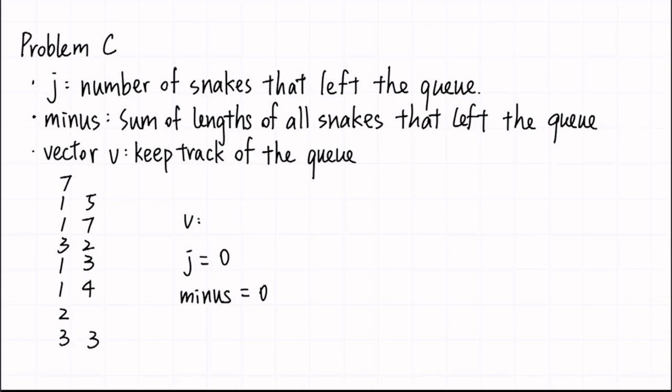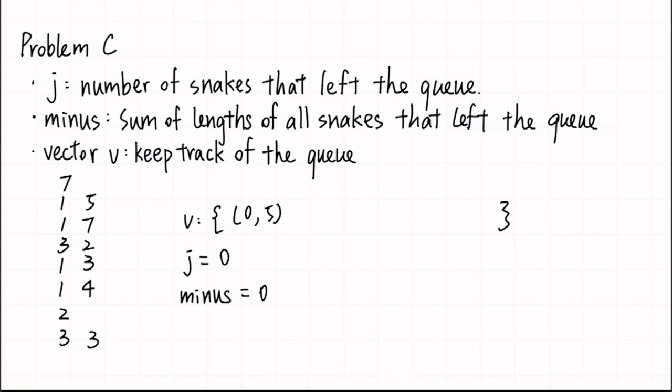So our vector can be a vector of pairs, which just stores the head coordinate of our snake and the snake's length. So the head coordinate of the first snake will be 0, and the length will be 5.